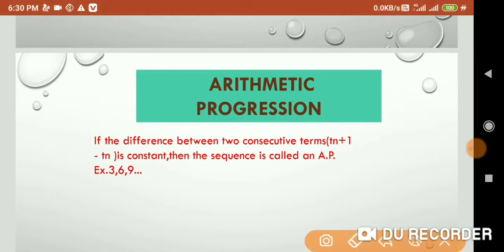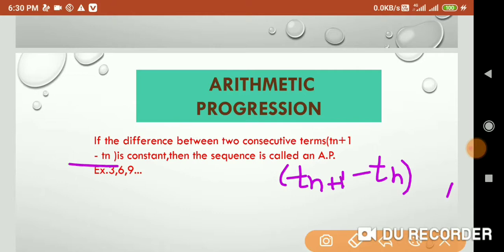Now see the definition of arithmetic progression. See student, arithmetic progression means what? If the difference between two consecutive terms, here in bracket T(n+1) minus T(n), is constant, then the sequence is called an AP.